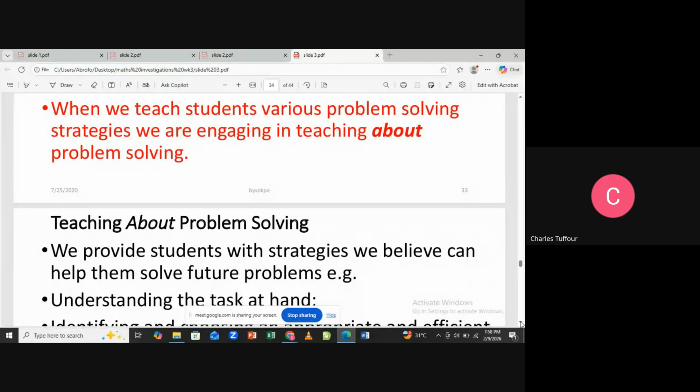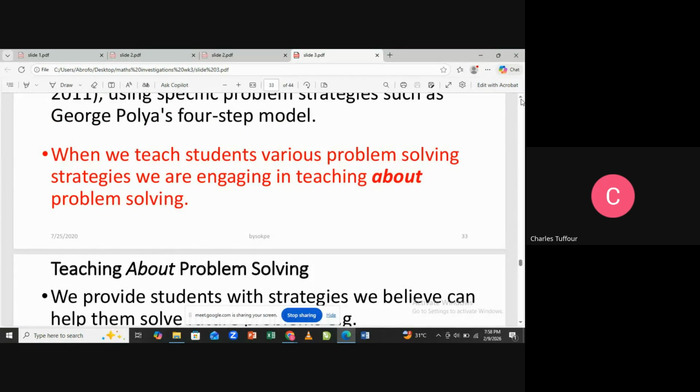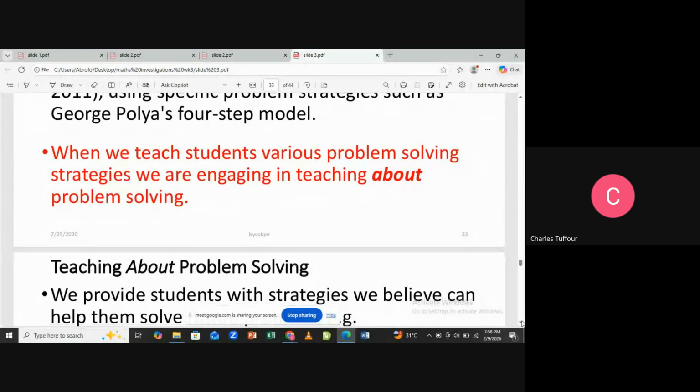So please try. We provide students. Oh, sorry, there is something important here. I have to explain. When we teach students various problem-solving strategies, we are engaging in teaching about problem solving. When we give them more problem solving strategies, like when you encounter this, try this; when you encounter this, just check this, we are talking about teaching about problem solving.